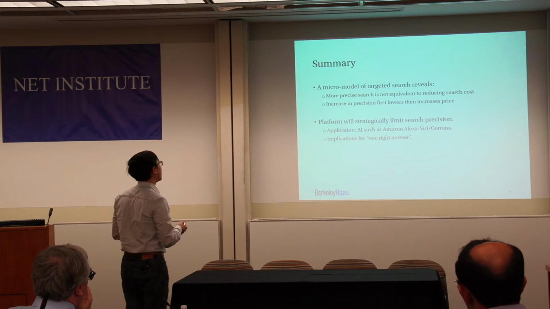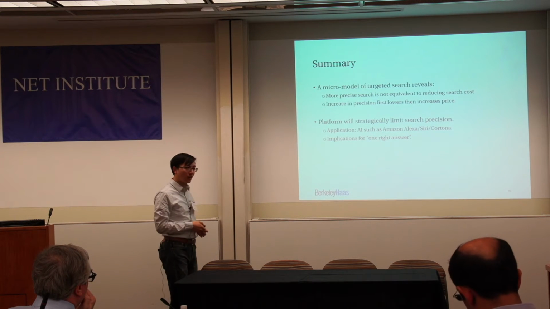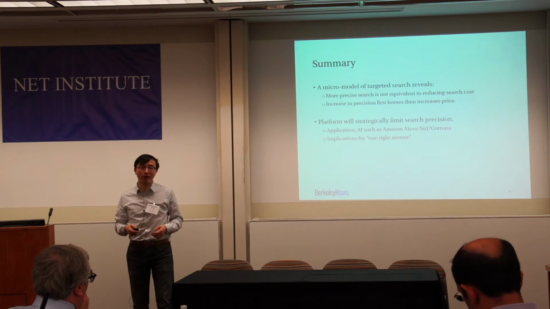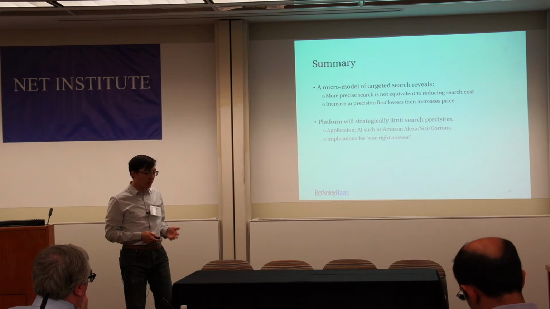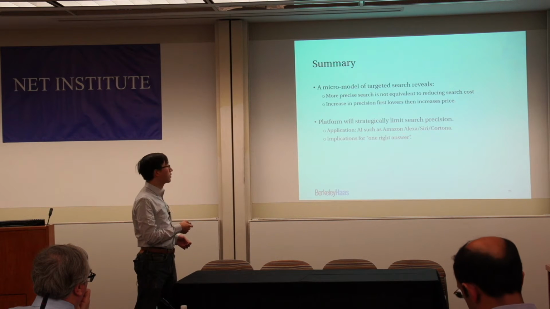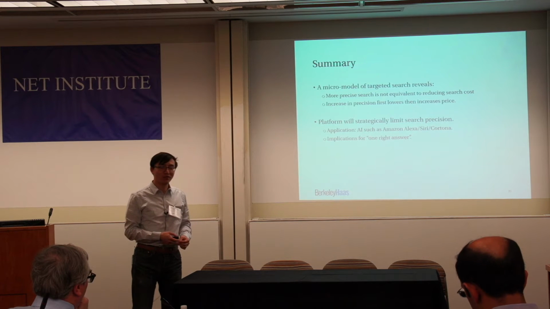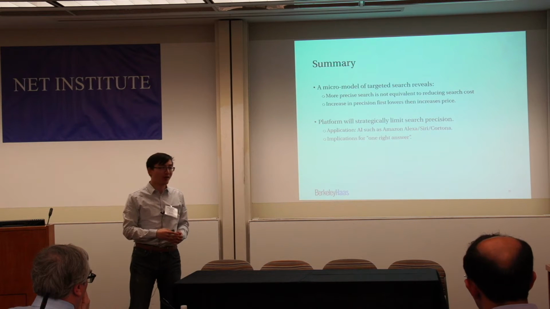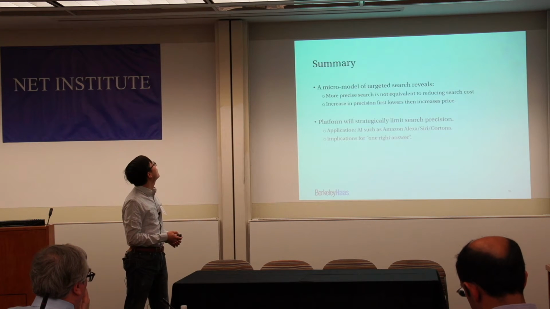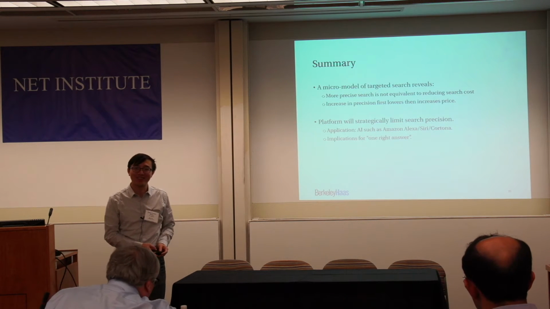Now, that may not be optimal for the platform, and there are a number of ways the platform can counter that, such as giving consumers 2 options instead of 1. That's actually enough to make sure there is price competition. Right? And there is some more to it, but I'll just leave it here and wait for my discussion. Yeah, thank you.